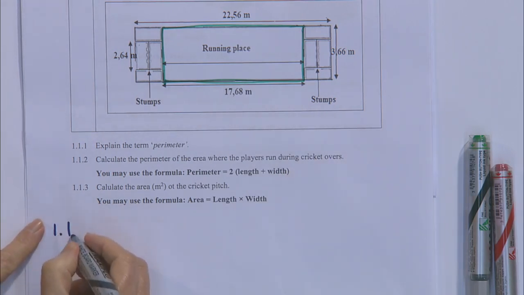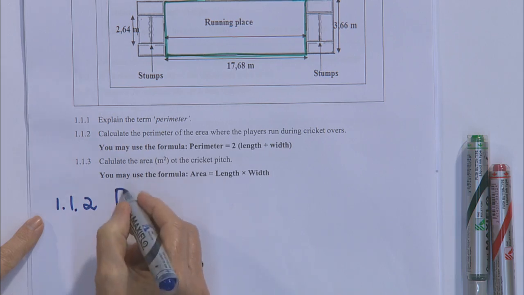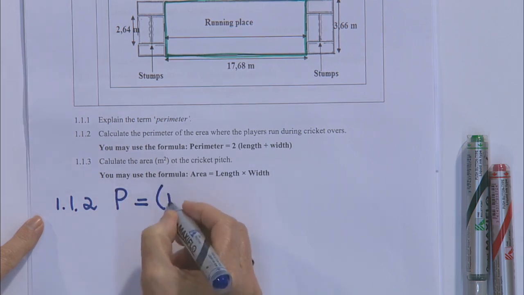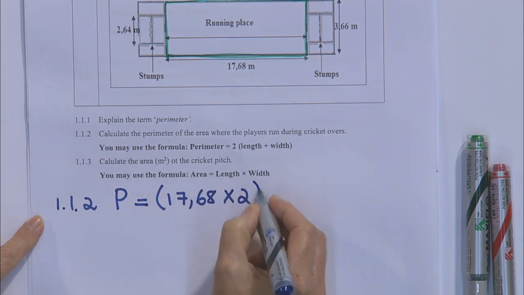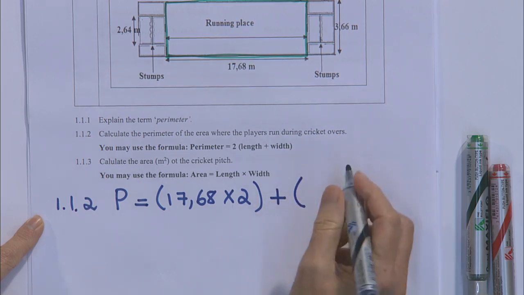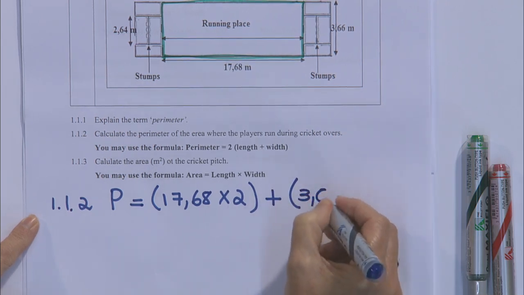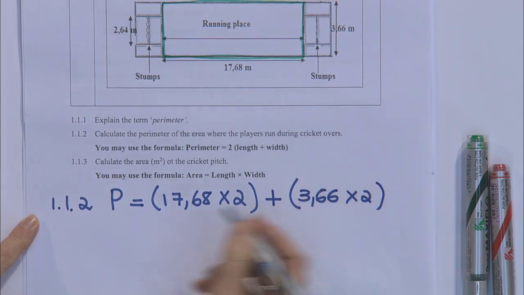So for 1.1.2, you will say perimeter equals 17.68 times 2 or plus 17.68, however you want to do that, and then 3.66 times 2 or plus another 3.66. Let me show you.